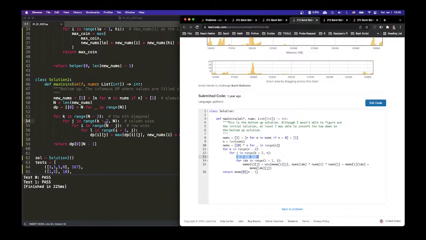And where does I start? I equals J minus K minus 2. What the heck? It's diagonal, right?